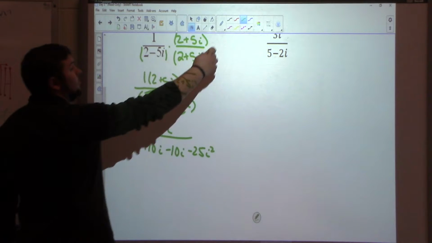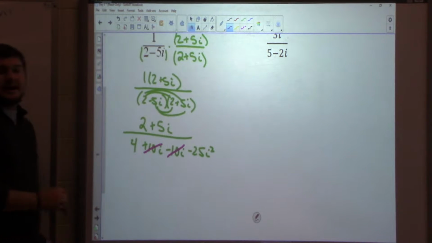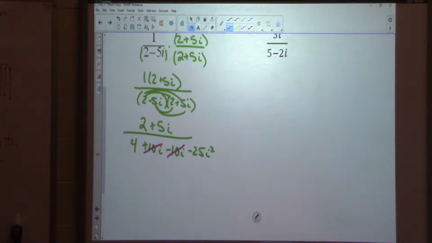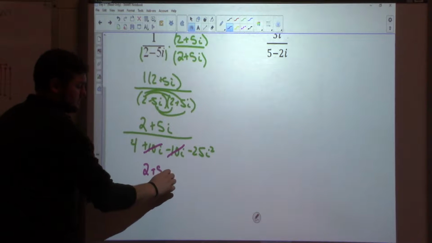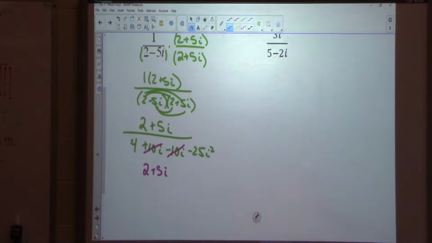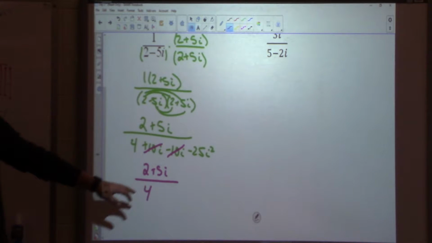Now, the whole point was to get rid of my i's. So when I combine my like terms, 10i minus 10i cancels. Two plus 5i over 4. What is this i squared?